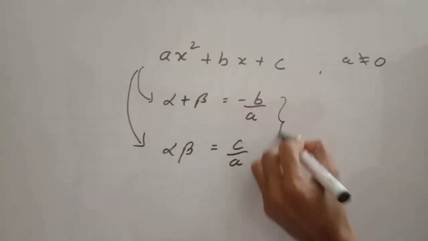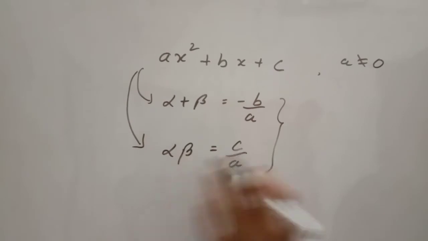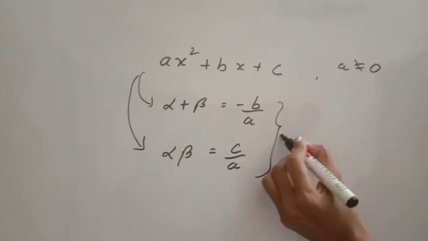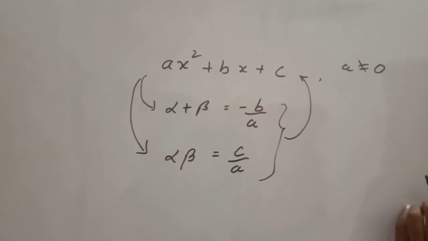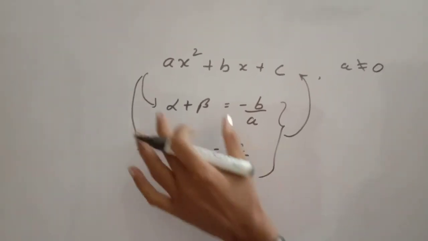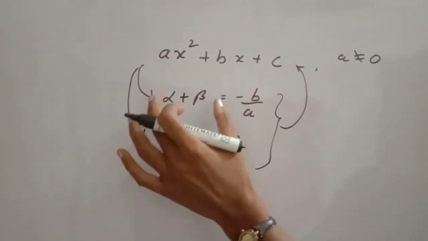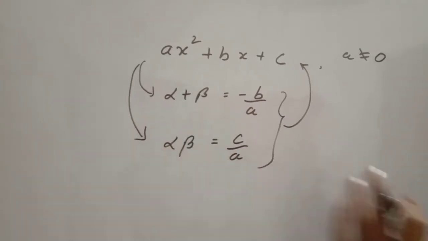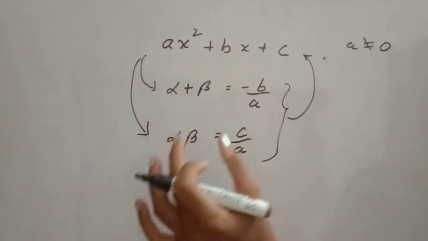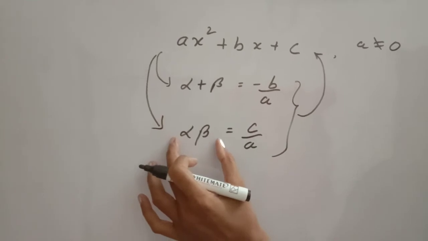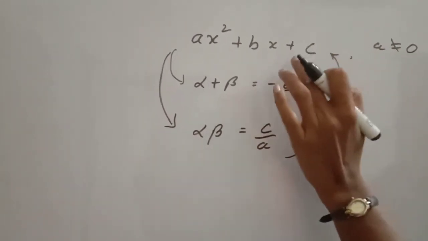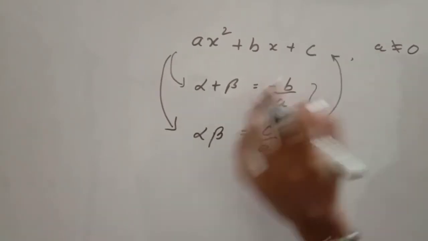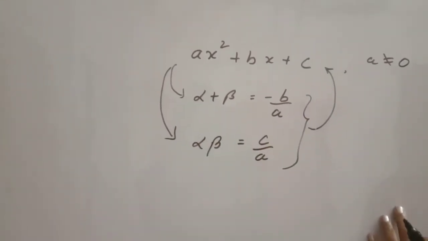Now the question is, if the sum and product are given, then how to convert them into a quadratic polynomial? Okay, so in question number 2, the sum of zeros and product of zeros are given, and you have to write the quadratic polynomial. So how to write the quadratic polynomial?